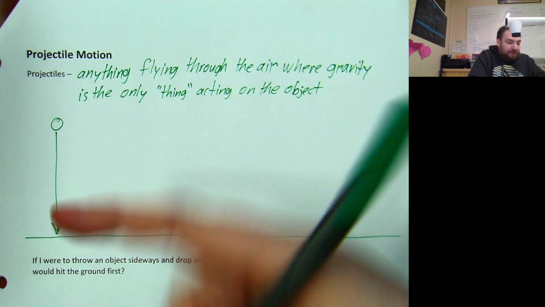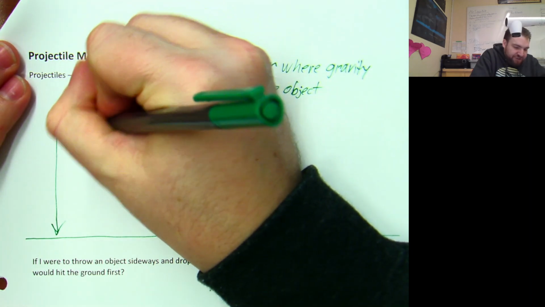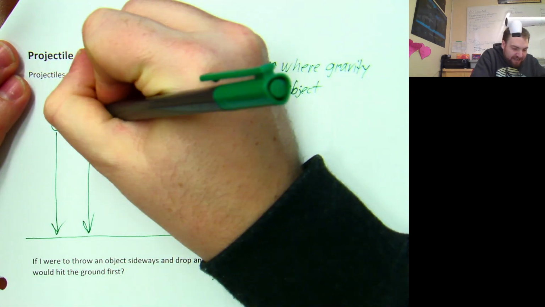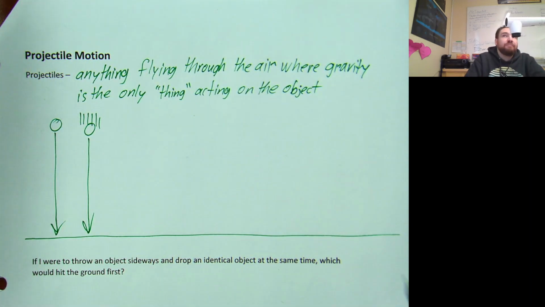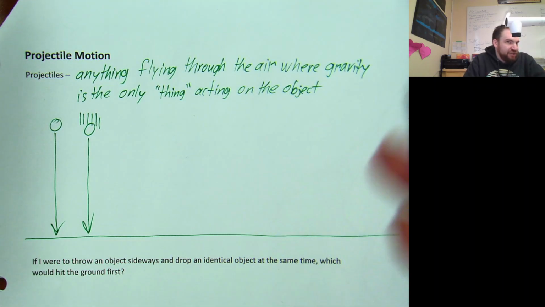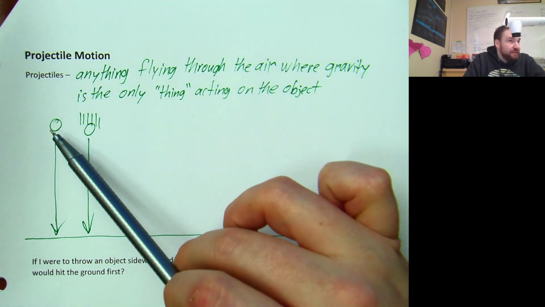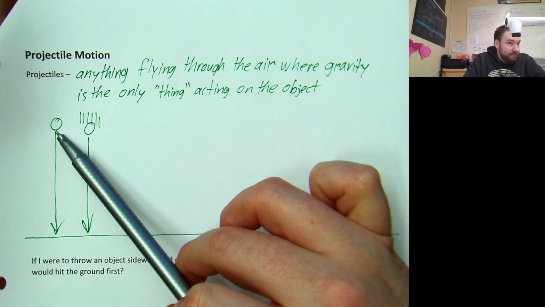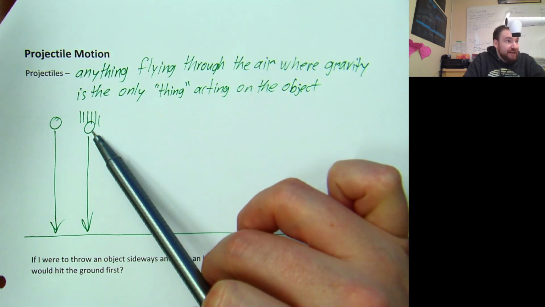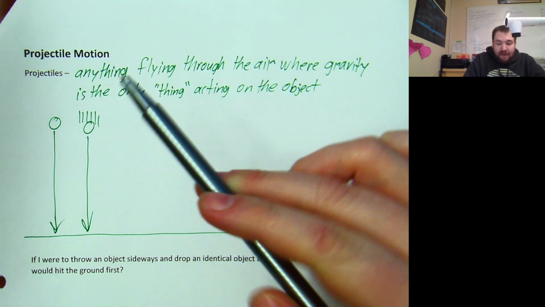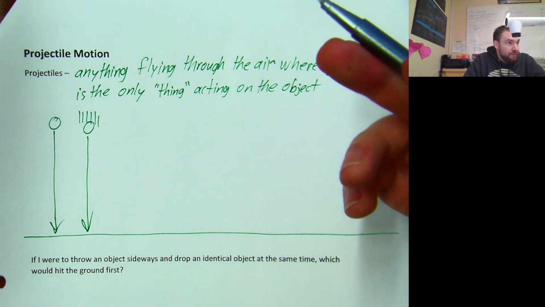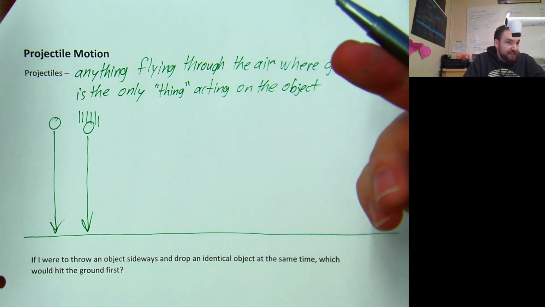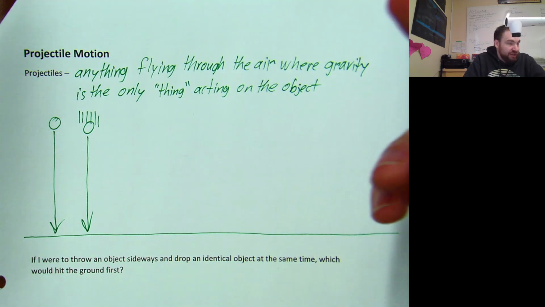I could ramp this up a little bit here and say, okay, well, instead of just dropping it, I'm actively throwing it. Those are speed lines. Implication there being, here VI is 0. Here, I've given it some VI downwards. The next kind of problem that we could look at for a projectile, if I wanted to make things a little bit more challenging, is to do what?